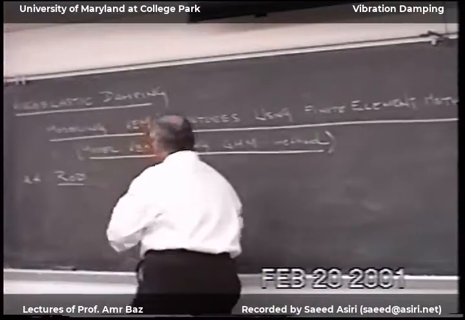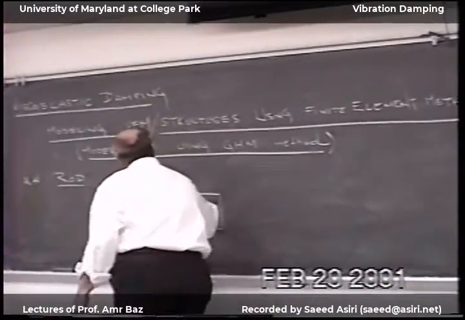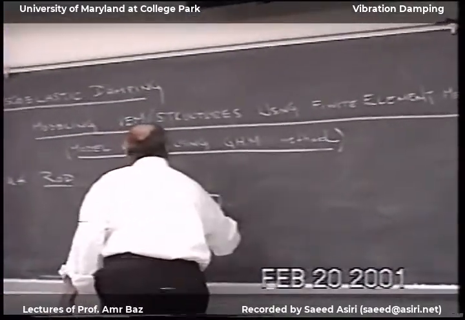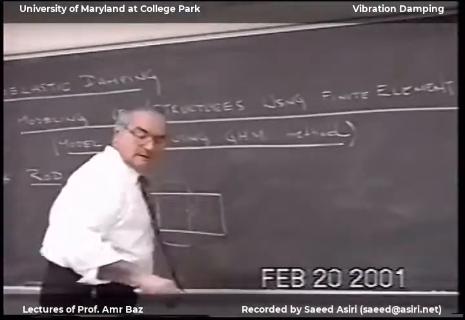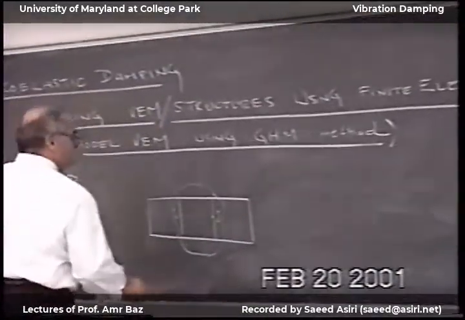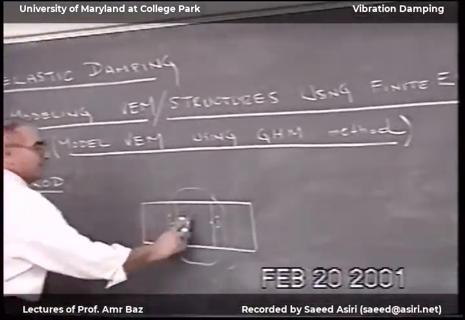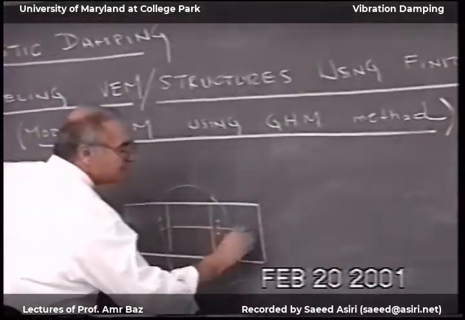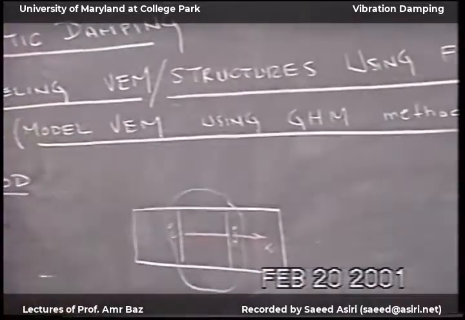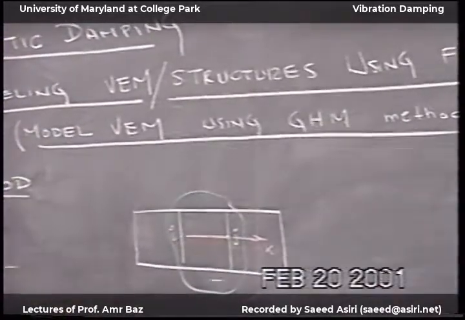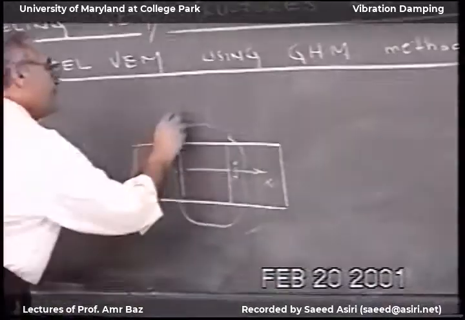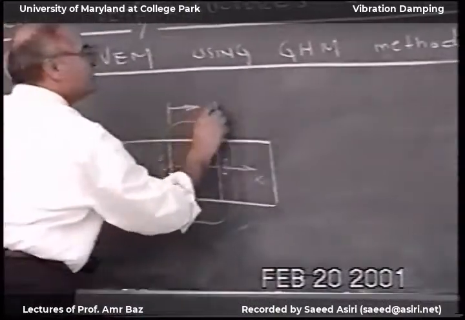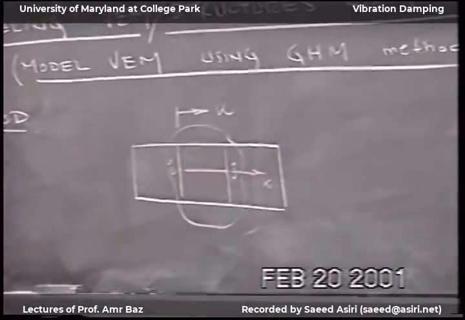and this element has a node at one side, node at the other side, and then we'll place local coordinates in the rod. Okay, the rod will oscillate in longitudinal direction by u.